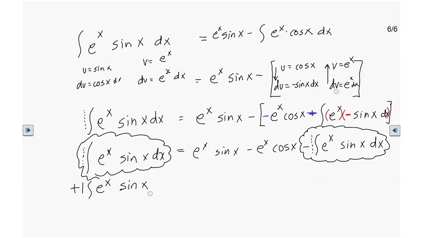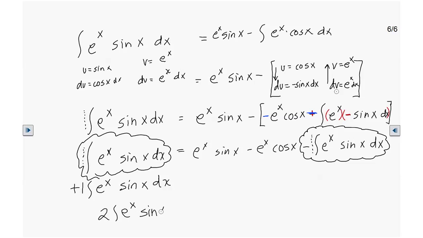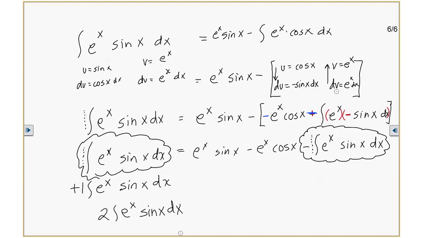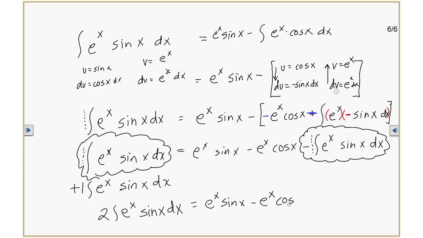And what is 1 antiderivative of blah plus 1 antiderivative of blah? 2 antiderivative of blah. E to the x sine of x dx is equal to e to the x sine of x minus e to the x cosine of x.